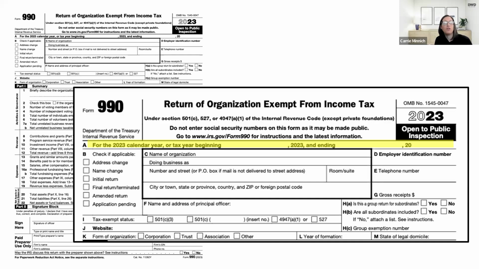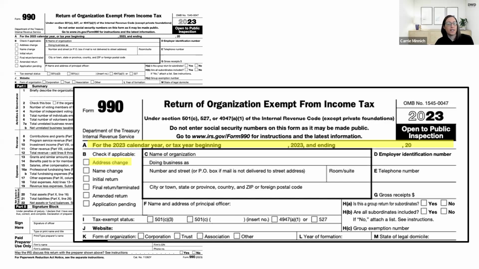For example, if you are a June 30, 2023 year end, that year in the top corner is actually going to be the 2022 form, not the 2023 form. So you want to make sure that you're filing the correct form and that you have the right year for what your fiscal year is, whether it be a calendar year or a fiscal year ending in June, March, whatever it is. Make sure you have the correct reporting period on there.